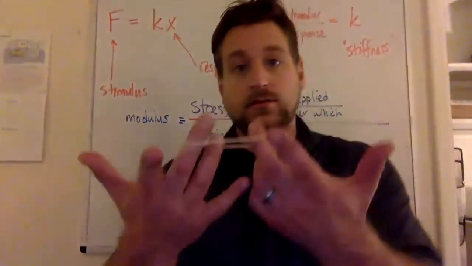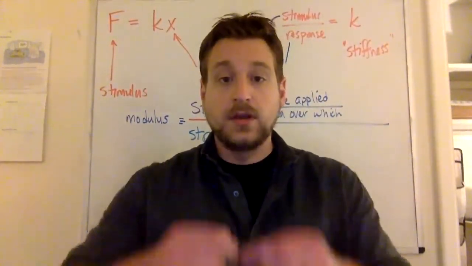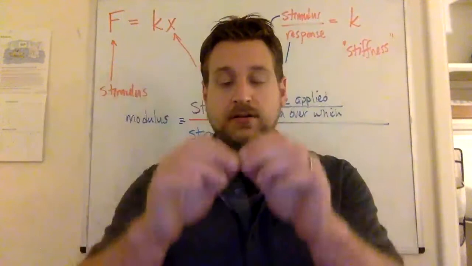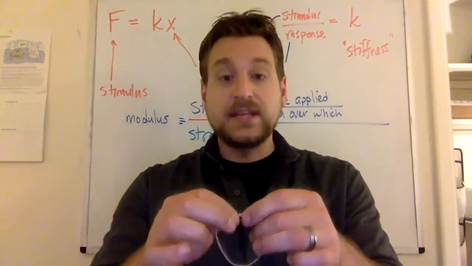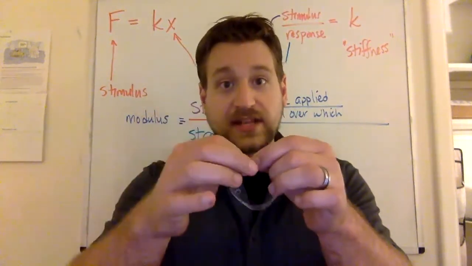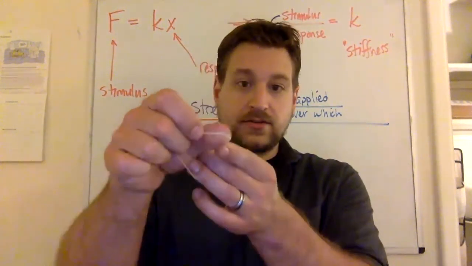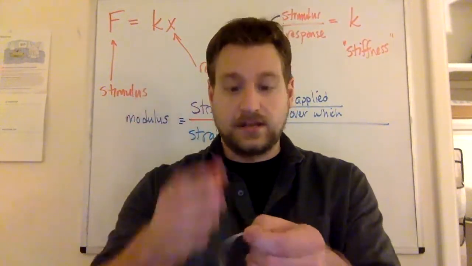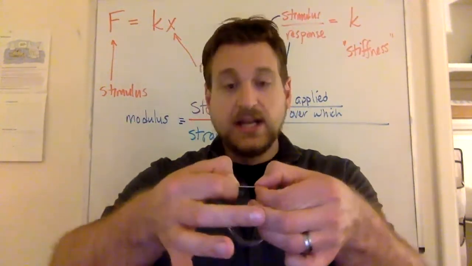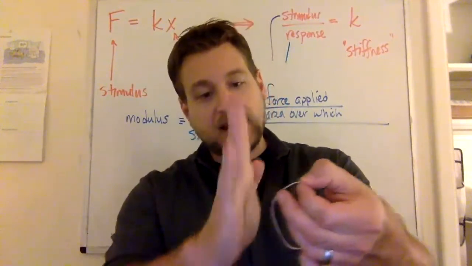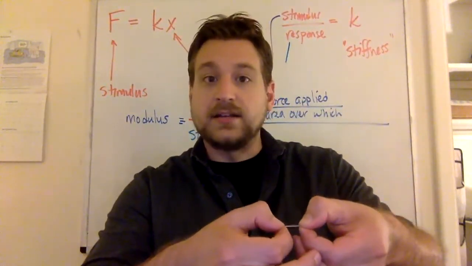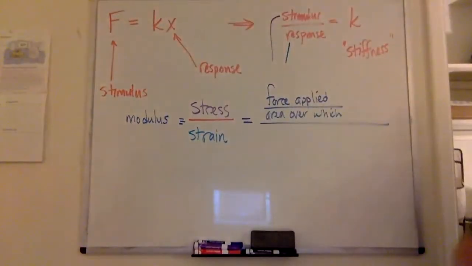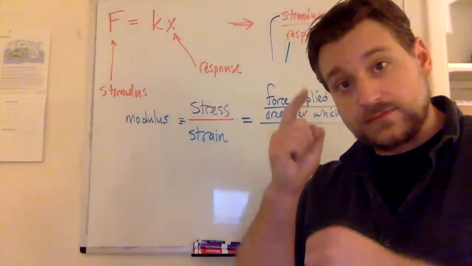So, for example, the rubber band I was just talking about, if we stretch some of it, we're applying a force to do that, and the area over which that stretching force is applied is the cross-sectional area of the rubber band. So we stretch, and that force is distributed over the cross-sectional area of the rubber band. The ratio is the stress.